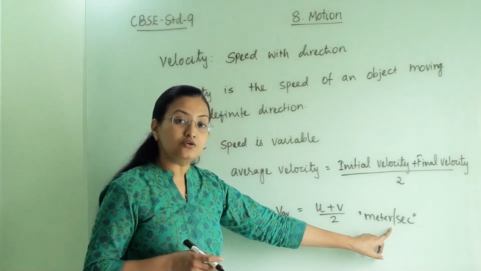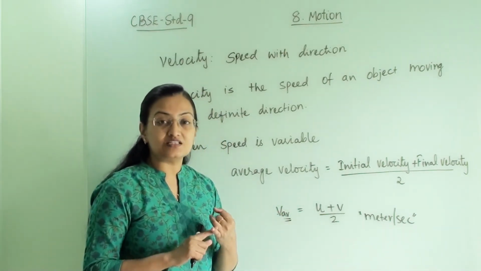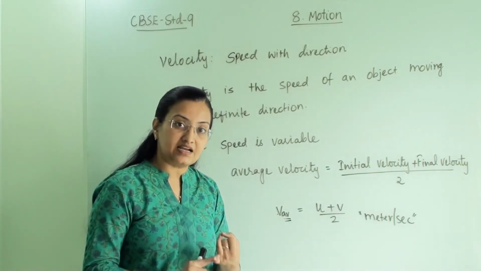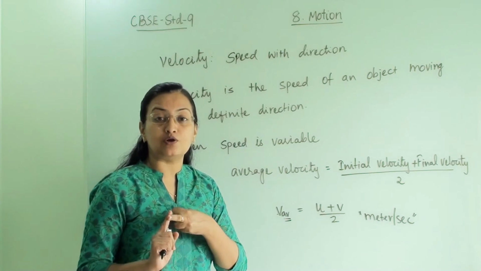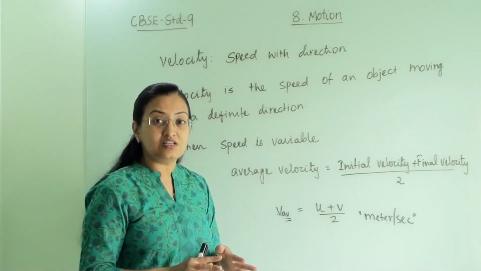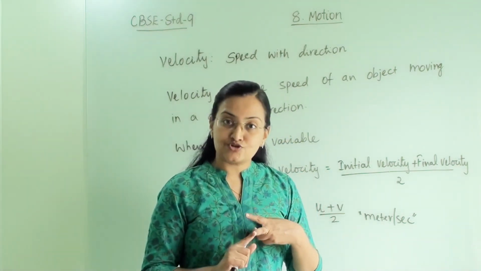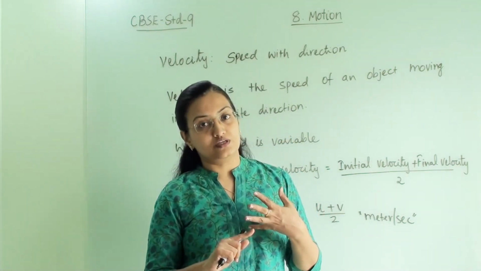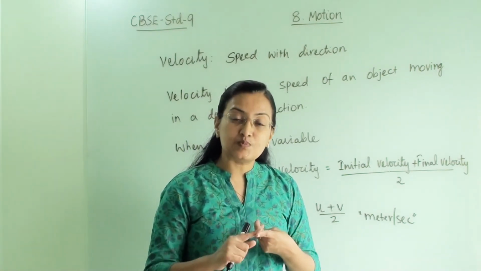Now what will be the unit of velocity? It is meter per second. Speed's unit is also meter per second. Velocity's unit is also meter per second, and average velocity's unit is also meter per second. So till now we have seen speed, velocity, and average velocity. What is speed?